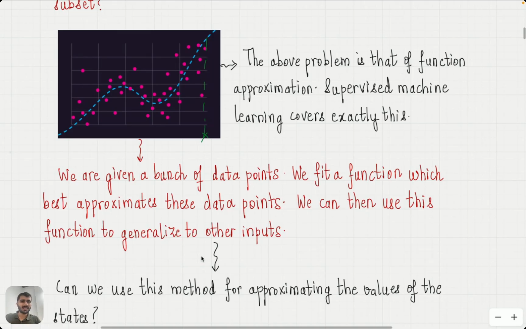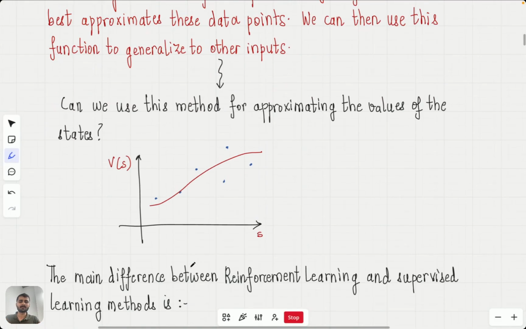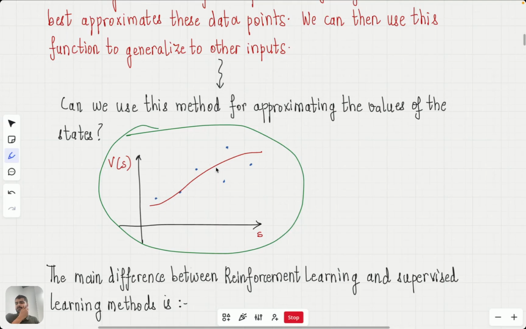Well, it's not that easy and not as similar to machine learning problems as we will see in a while, which is what makes reinforcement learning problems slightly challenging compared to traditional machine learning. The main difference is, if you're trying to predict the value function, let's say blue is the data given to you.